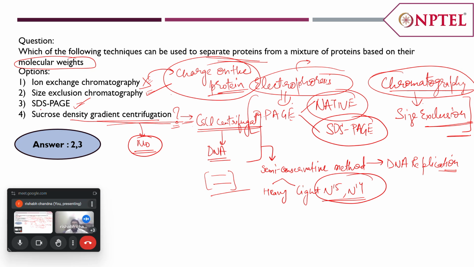But in size exclusion or the SDS PAGE, we can identify the particular protein that we have been using. So that is why density gradient centrifugation cannot be the proper way of separation of proteins on the basis of their molecular weights. Do you have any doubt in this particular question?